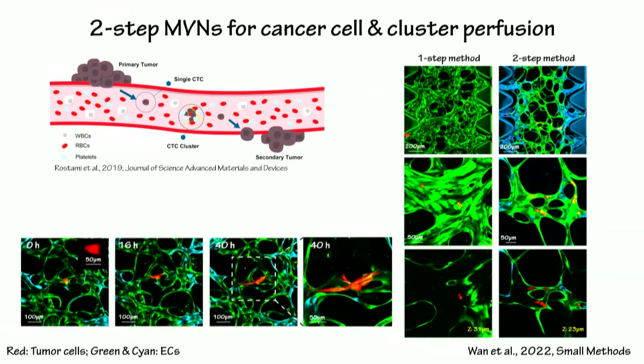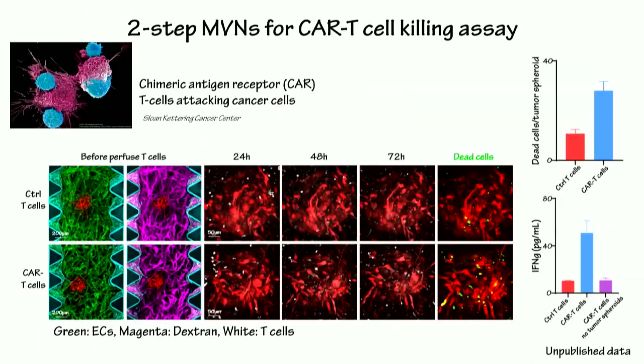Another example is we can perfuse tumor clusters. Shown here in red, there are 2 to 4 tumor cells in one tumor cluster. We perfuse it, and then by using a time-lapse video, we can see how those tumor cells extravasate and then proliferate. And eventually, they can colonize one side and then become a smaller tumor.